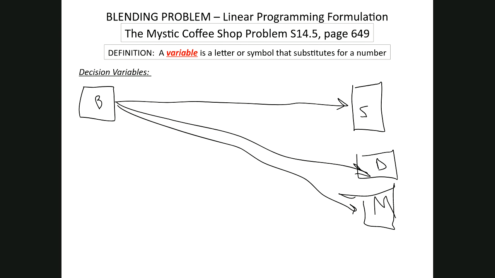So given these variable representations, BS, BD, and BM, what do they each mean specifically? Well, BS is going to be the number of pounds of Brazilian coffee put into a special blend.